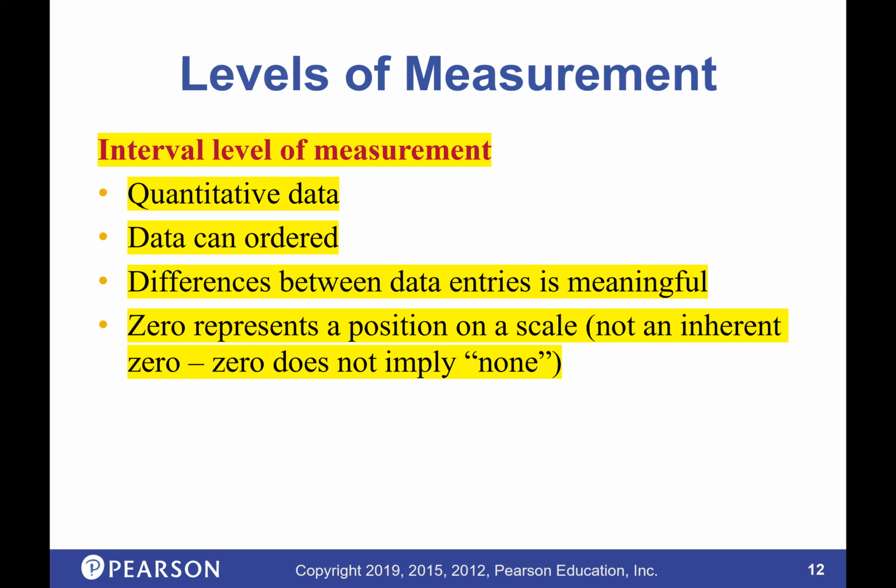Temperature, that's right. So if you have 0 temperature outside, does it mean there's no temperature whatsoever? No, it's still a temperature. So 0 just represents a position on a scale, as opposed to a GPA of 0.00, that means you're in trouble.